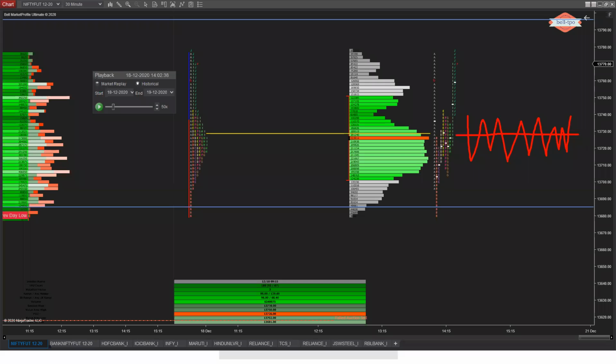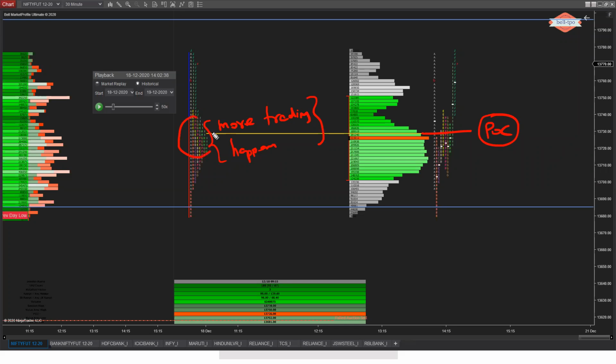All right. So what we got here is a kind of point of control activity. It's a point of control based activity. That point of control is a center point where more business happens, more trading happens. Why? Because that is where the bigger traders are interested. Small traders are not doing business here.